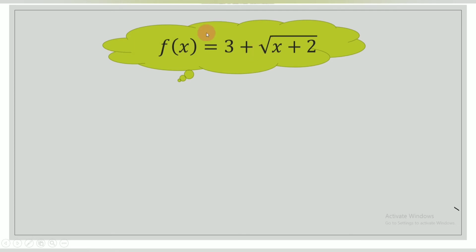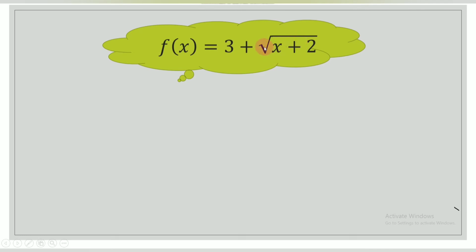So how do we graph this? The safest way is by using the table of pairs, right? Let's use any numbers of x, put them into the function, and then find the value of your y. But of course, we can see that there is a specified domain for your x. Because this is a square root, your radicand cannot be negative.